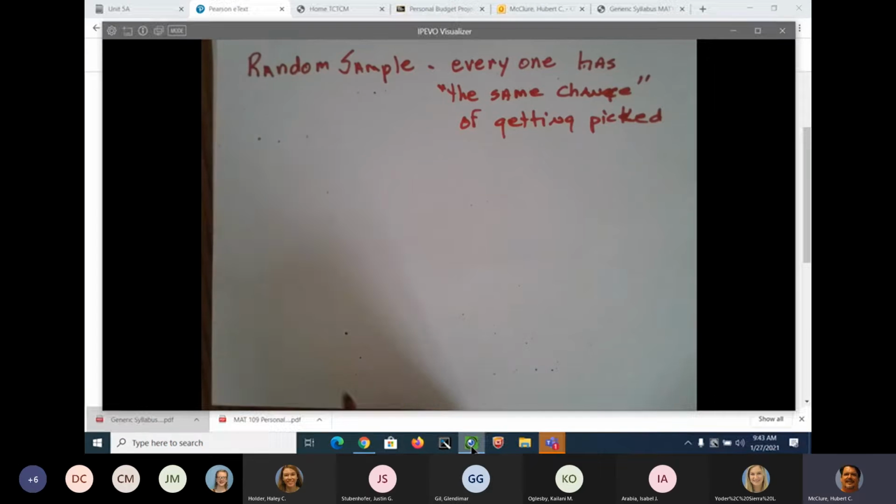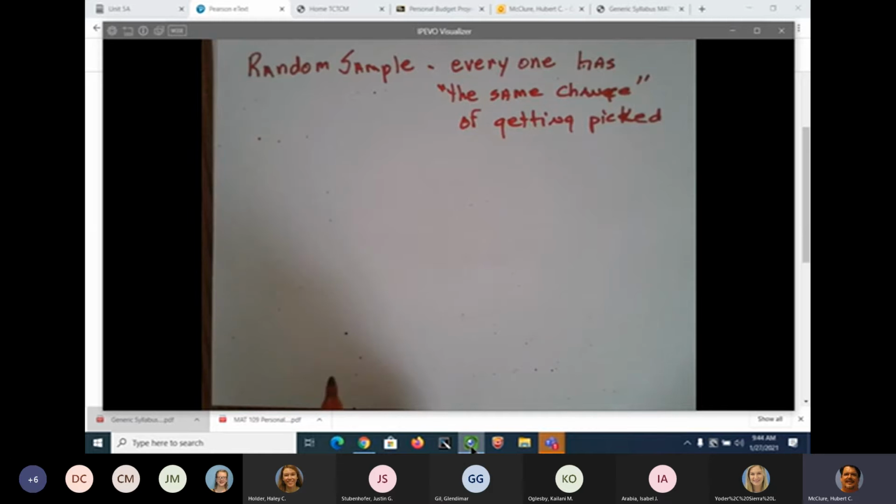Now, it may not sound good, but it sticks to you. You'll remember that. If I give each one of you a yellow Post-it note, and I tell you to take your pencil or your pen of dark ink, meaning black ink, and write your name on it, fold it in half, and put it in a fishbowl, that is a random sample. Everybody in the group has the same chance of being picked.